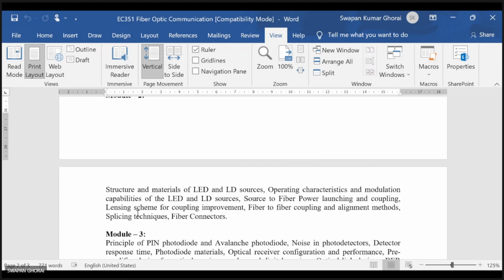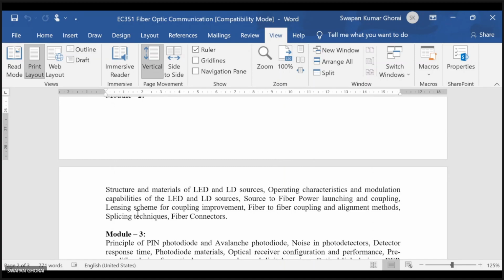And also in this module you'll see different splicing techniques or connecting devices, connecting components. If you connect one fiber to another fiber, since fiber is made of glass, skilled persons are required to connect two fibers together.